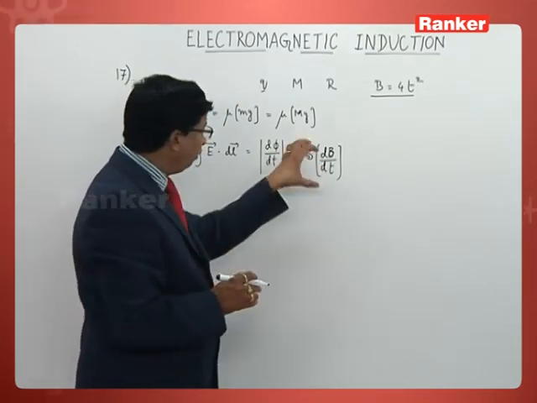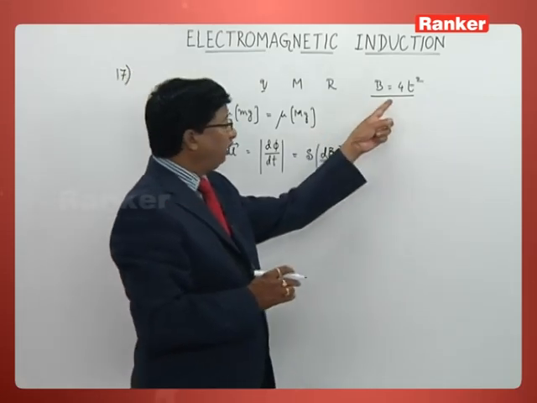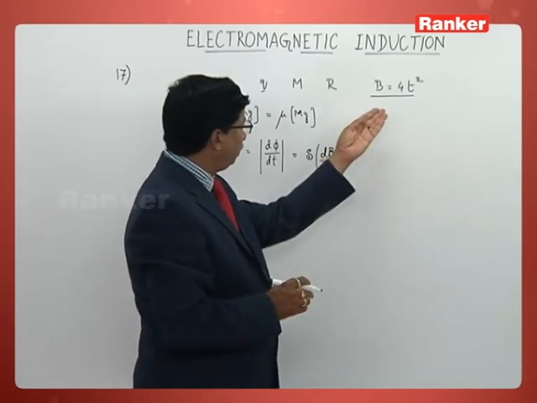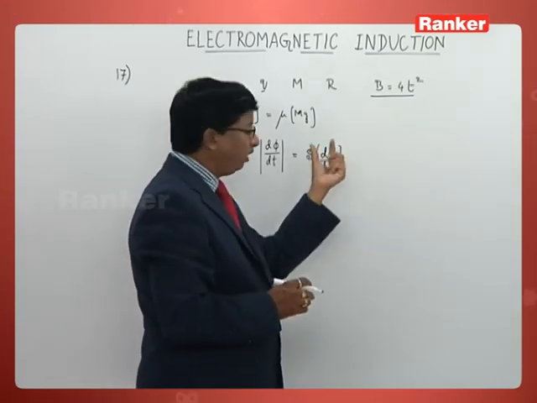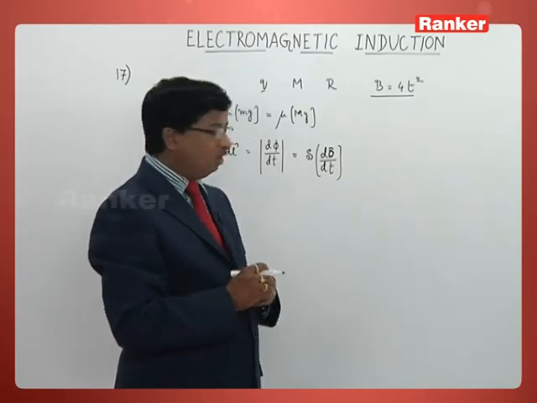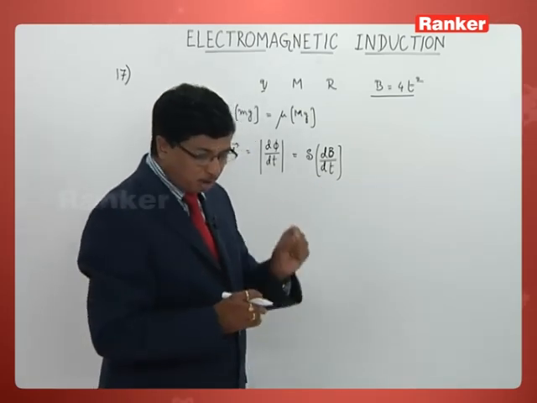And what else do we have to take here? B is given as 4t square. So directly you can calculate the differential value of that. But the next concept is, what is the value of S here?